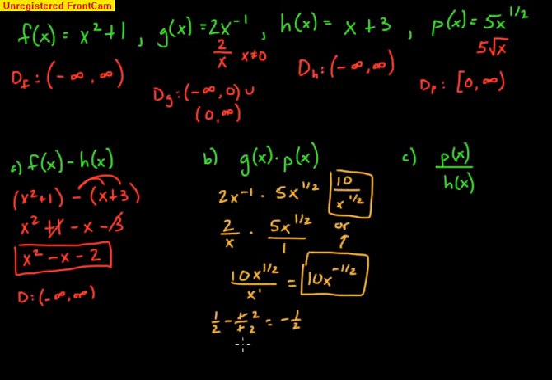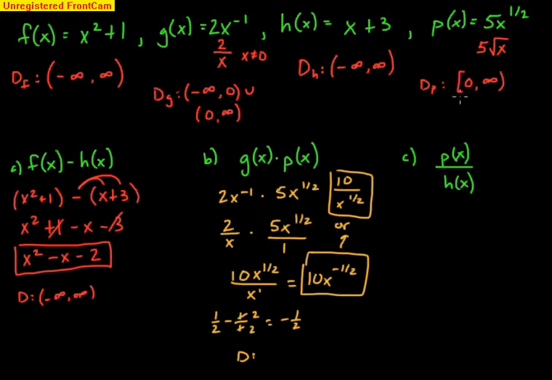But now I want to know the domain. So if you look at the original functions, g of x said x cannot be 0, right here. And for p of x, x can be 0 or greater. So when you combine them first, now x cannot be 0.